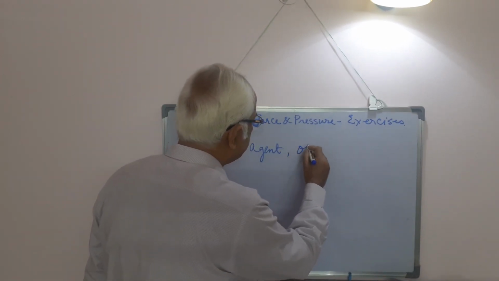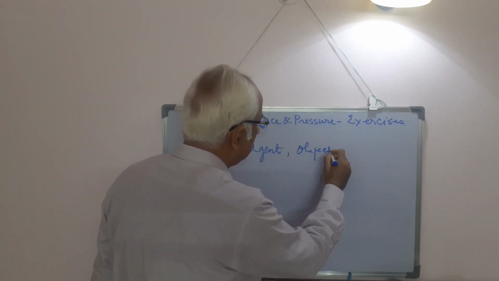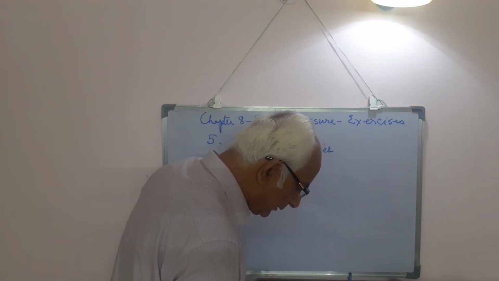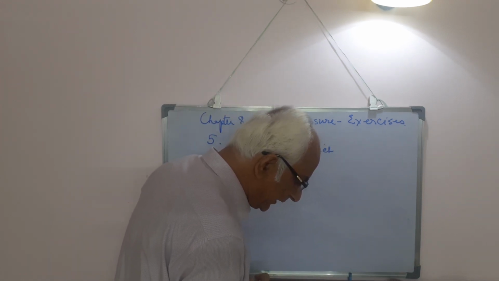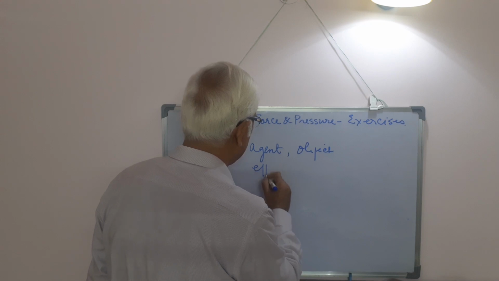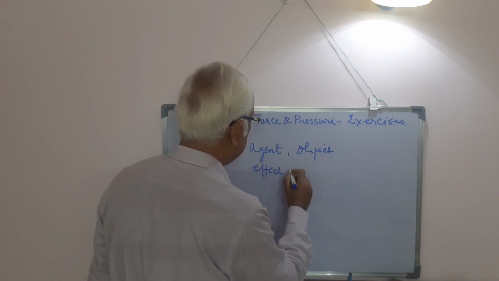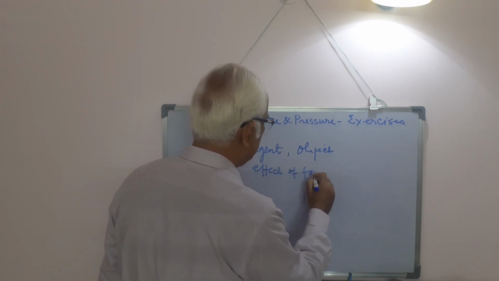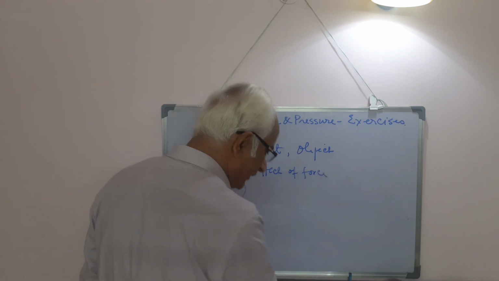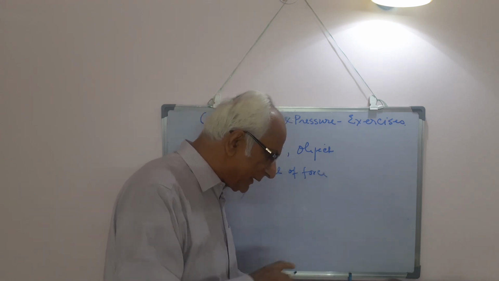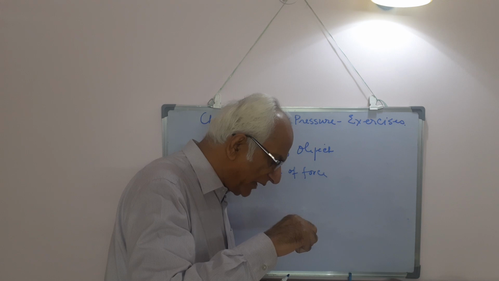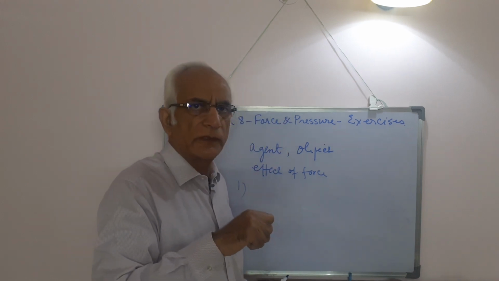Agent and object, and the state, the effect of the force. Three things you have to give. So what is the first situation? Squeezing a piece of lemon between fingers to extract juice.